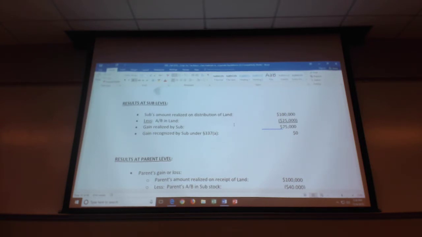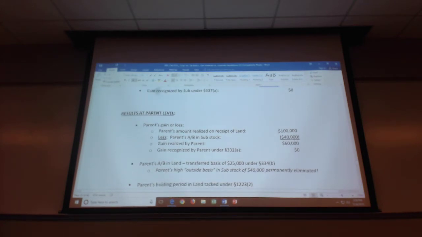Well, usually you might think that would be a taxable event under Section 336(a), but there's an exception under 337(a) by which the liquidating corporation is not required to recognize the built-in gain in the land so long as it's distributing the property pursuant to a valid 332 liquidation to an 80% or more parent corporation.